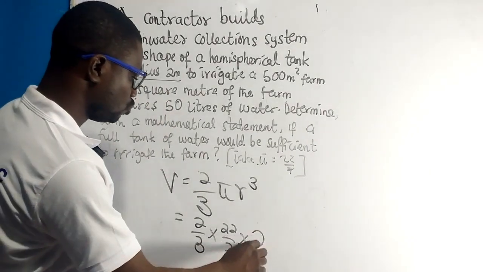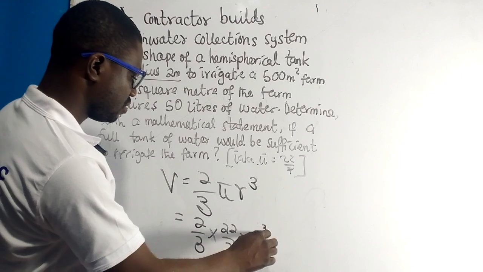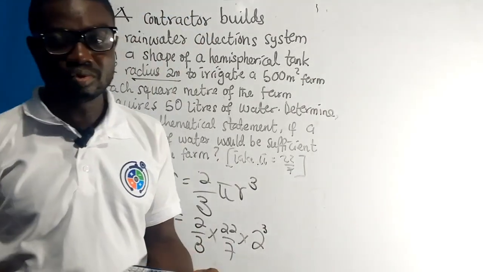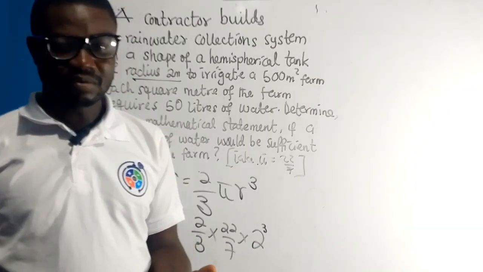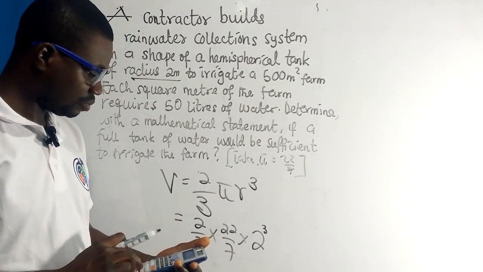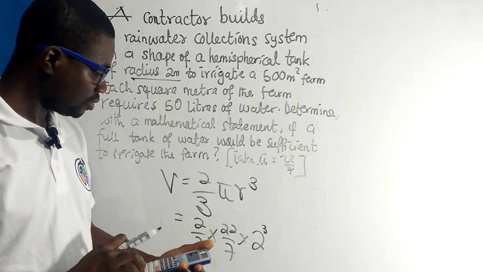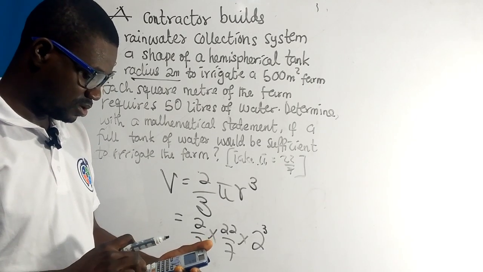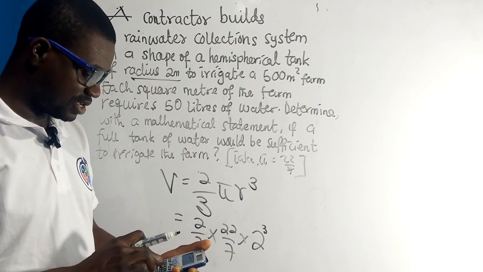So 2 exponent 3. So here we can just use our calculator to get our value. That is 2/3 times 22/7 times 2 exponent 3.